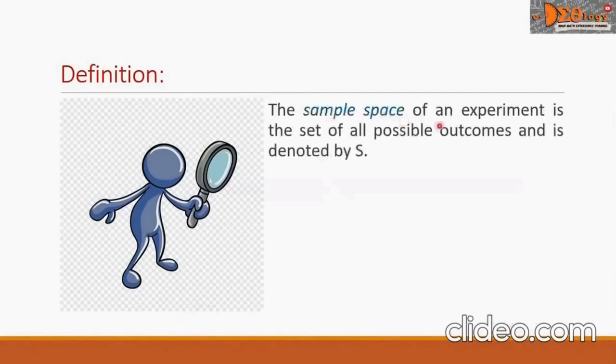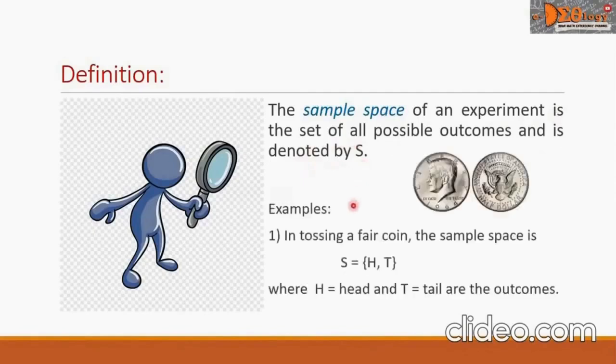The sample space of an experiment is the set of all possible outcomes and is denoted by S. Examples: number 1, in tossing a fair coin, the sample space is S equals {H, T}, where H equals head and T equals tail are the outcomes.